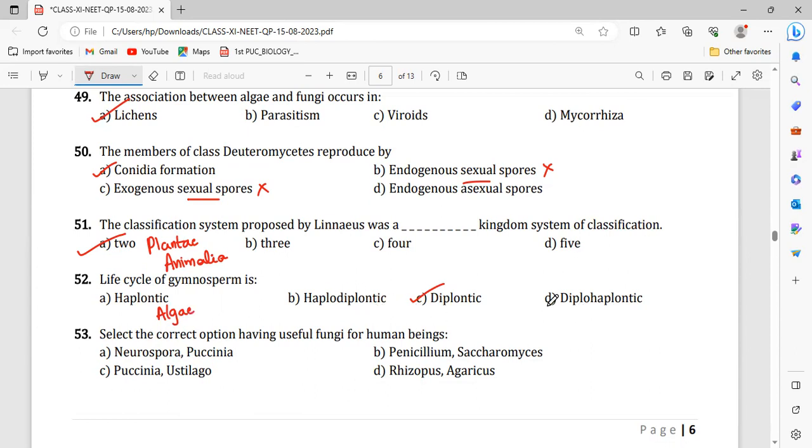Haplodiplontic, diplohaplontic, both are same. So here haplodiplontic, we have bryophytes and we have pteridophytes. Under diplontic, we have gymnosperms and we have angiosperms.